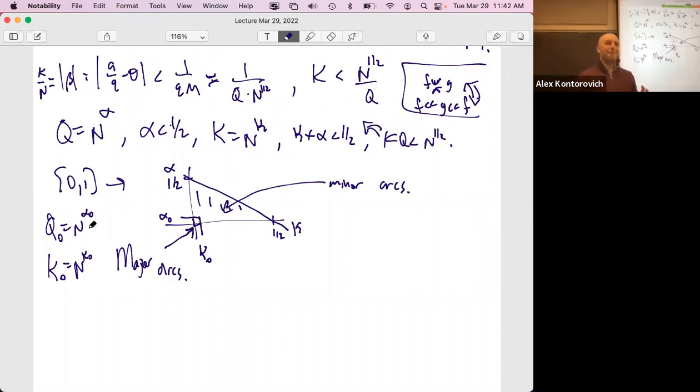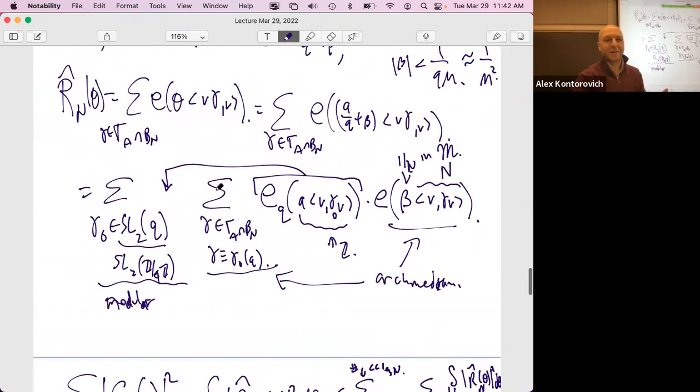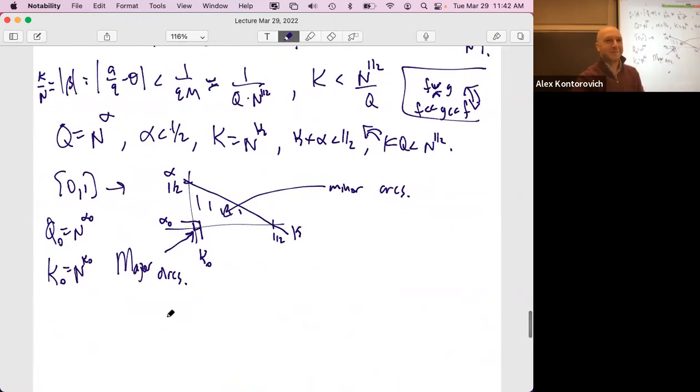It's a parameter that takes a lot of work to specify exactly, and it comes from this count. What I said about you need to be able to count efficiently in progressions uniformly as Q ranges in terms of n, there's a parameter there from the spectral gap. And that parameter is what goes into alpha 0 and kappa 0. So there's some way of determining those major arcs. Never mind what that is for right now. The first thing I want to do is get a bound on the minor arcs.